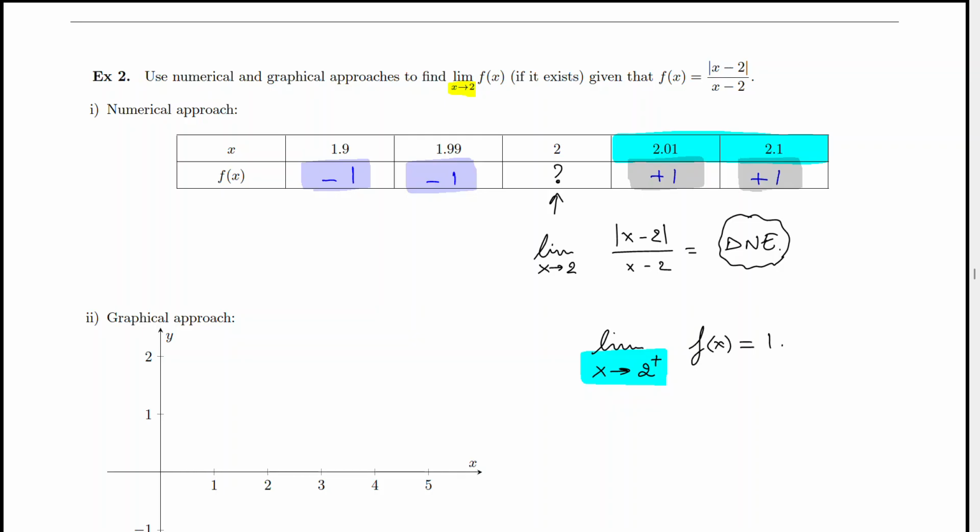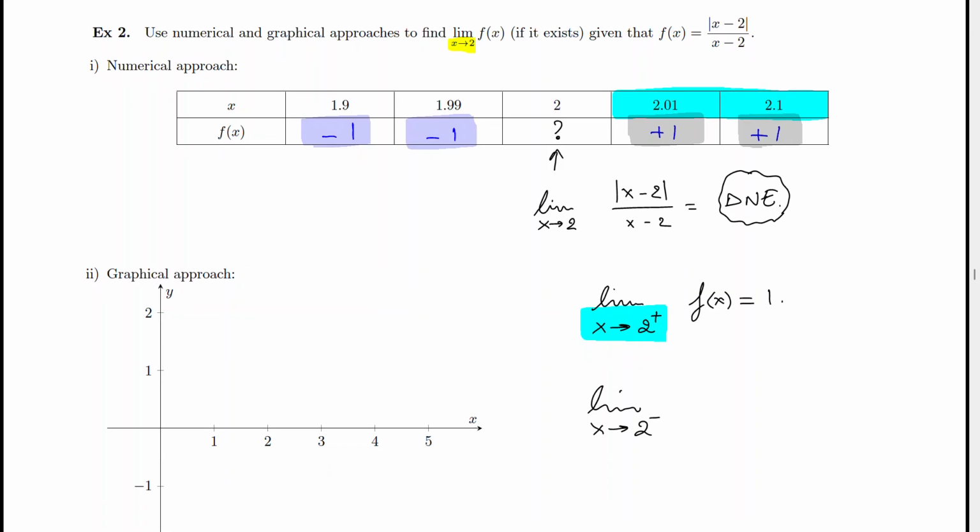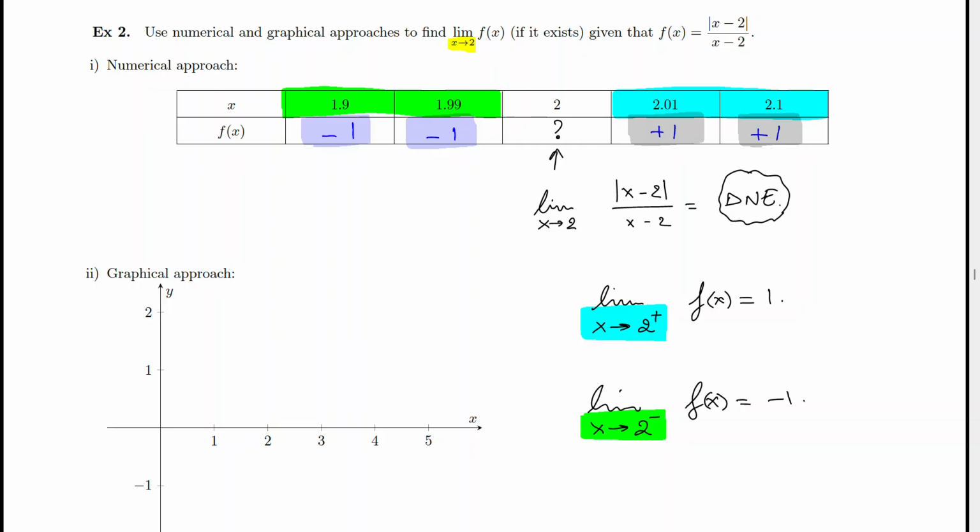However, if I decide to come from the other direction, where the numbers are slightly smaller than 2, that's why I'm writing the 2 minus, it's all of these guys over here. Their value also does exist, right?